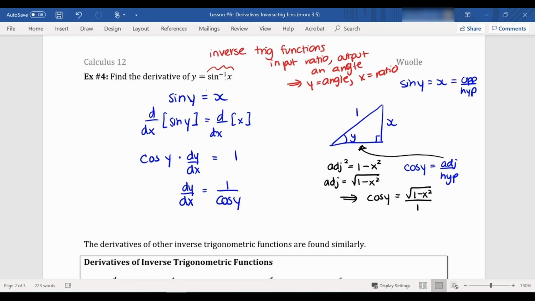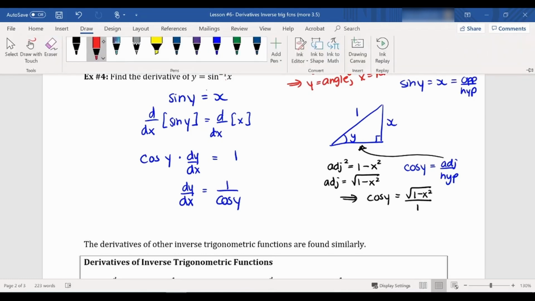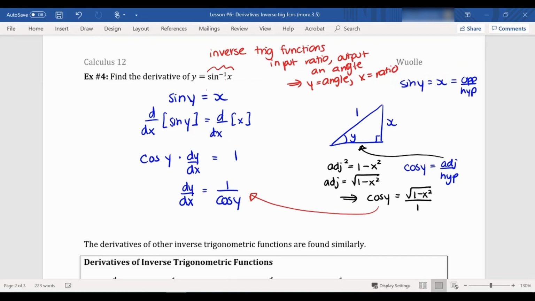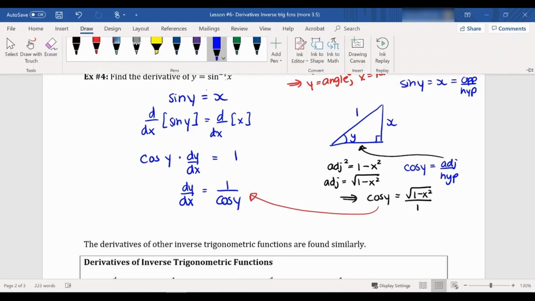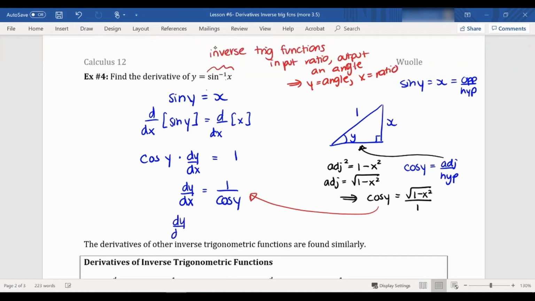This helps me over here. This means that 1 over cosine y is equal to 1 over root 1 minus x squared. And therefore, my derivative of inverse sine is equal to 1 over root 1 minus x squared.